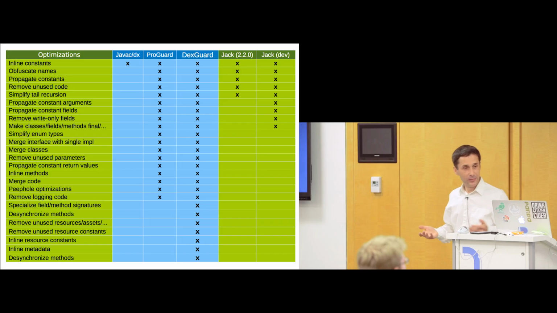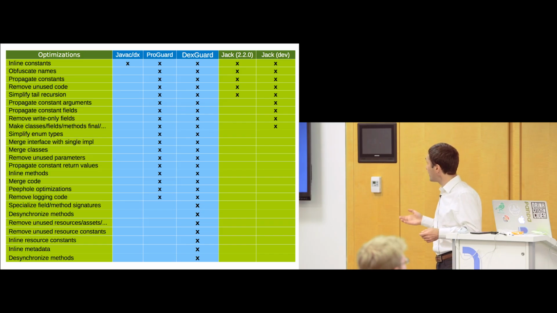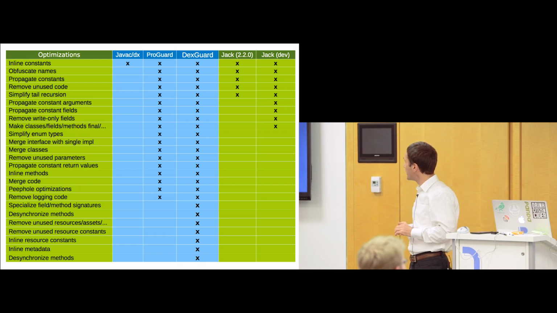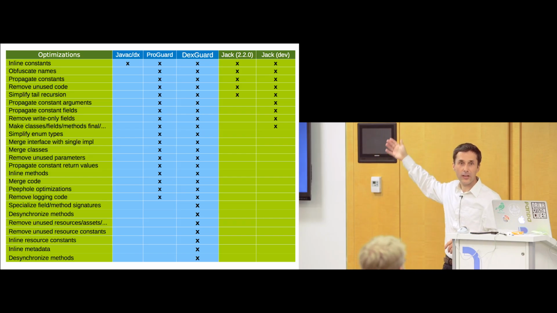And then, of course, I'm very enthusiastic about our own software. I've also compared it with DexGuard, and I've had to shrink the table here a little bit because DexGuard performs a whole additional series of optimizations.